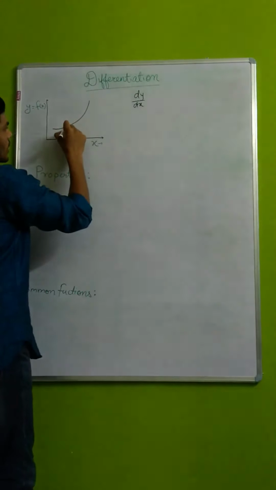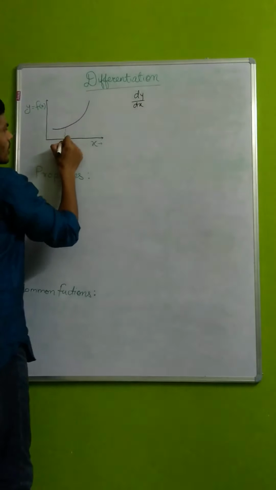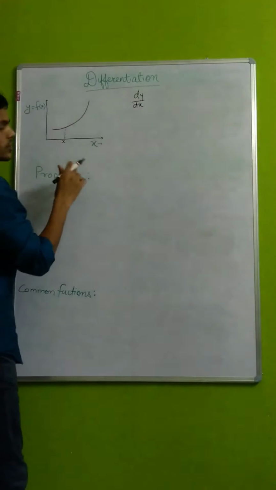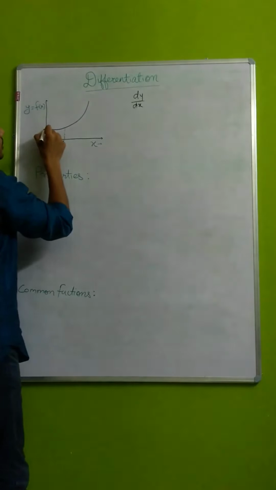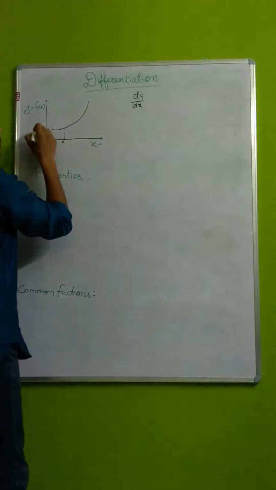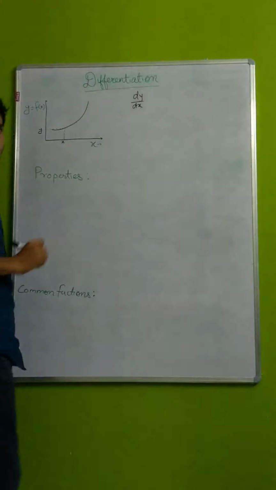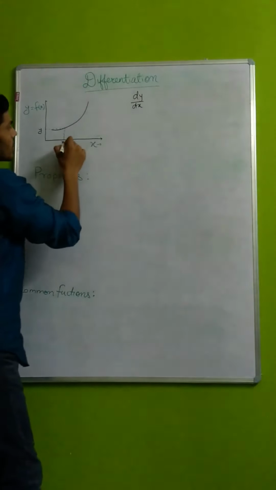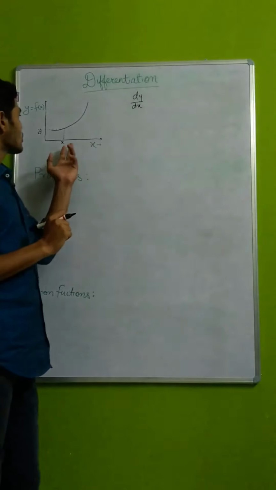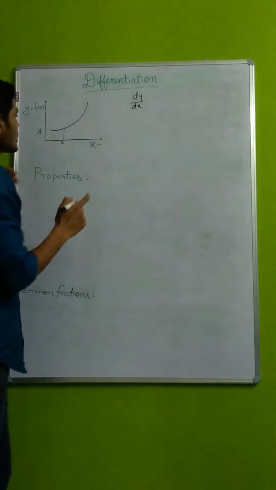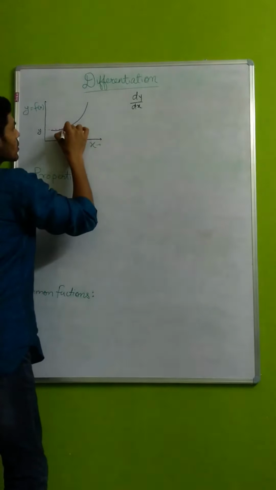अगर हमने कोई पॉइंट लिया x, so for this value of x हमें y कितना मिल रहा है, we can say this as y. Now अभी हम x में एकदम स्मॉल चेंज करेंगे, so we will call this change as delta x.